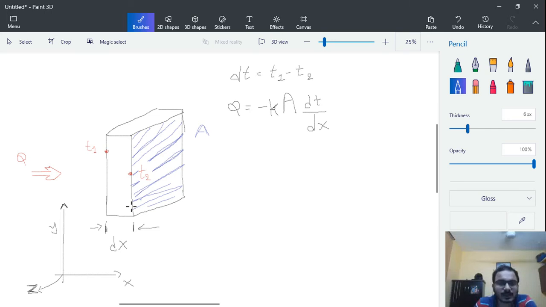Now the isotherm character is that this entire wall, if we consider the right hand side of the wall, then this entire wall is assumed to be at temperature T2. Similarly, for the left hand side wall, this entire wall is at temperature T1 only. Okay.